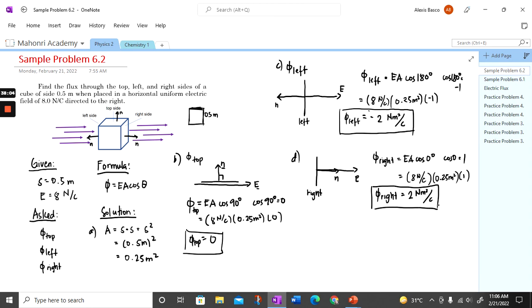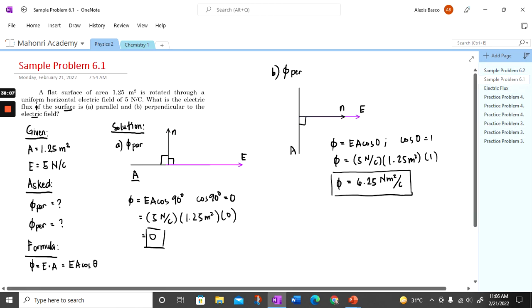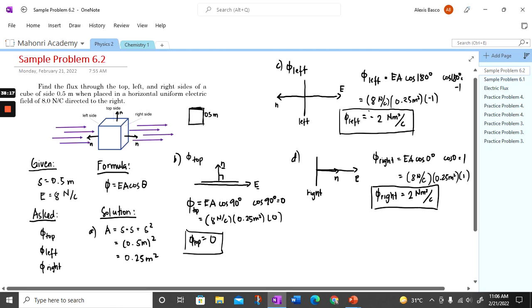So again, if you have an open surface like this, you can choose whichever normal you want to use. But if you have an enclosed surface or 3D shape like this, your normal should always be directed going outside of that object.